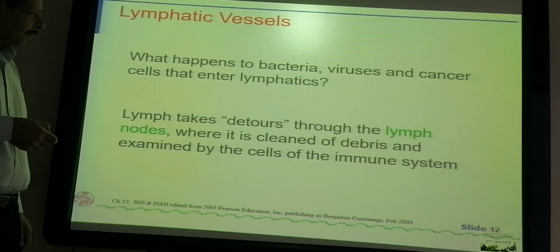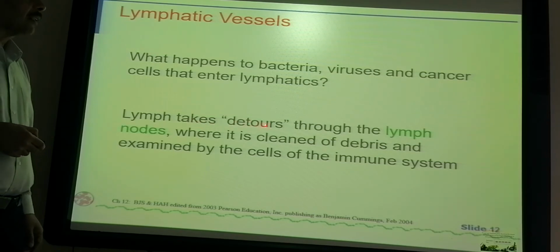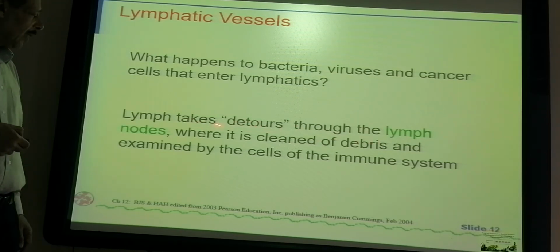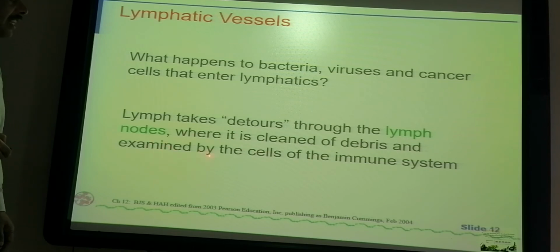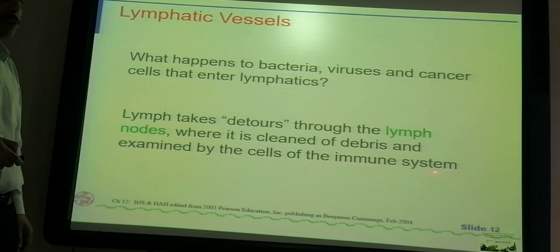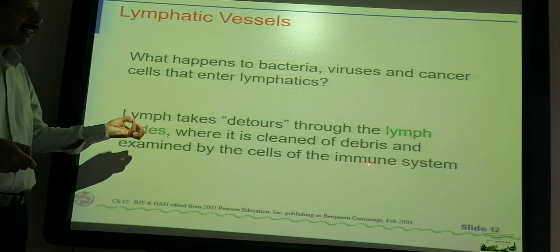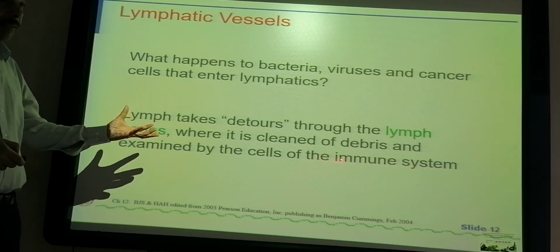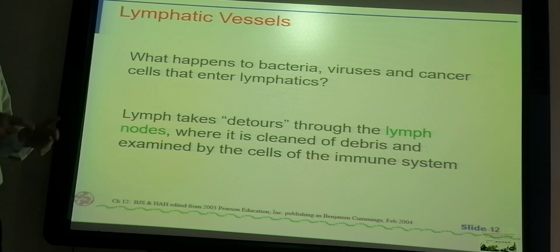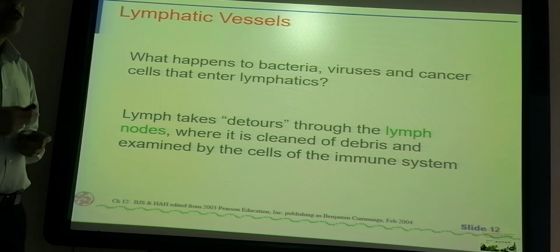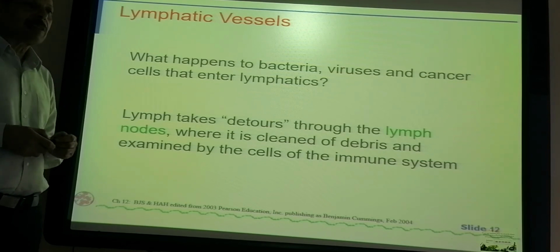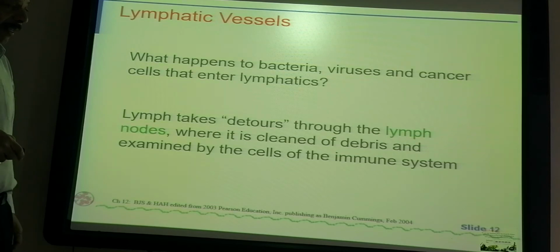So lymph takes a route through the lymph node, where it is cleaned of debris and examined by the cells of the immune system. As we said, the lymph node is like a checkpoint. In that lymph node, everything will be checked before it goes up to the next lymph node and the next lymphatic vessels.